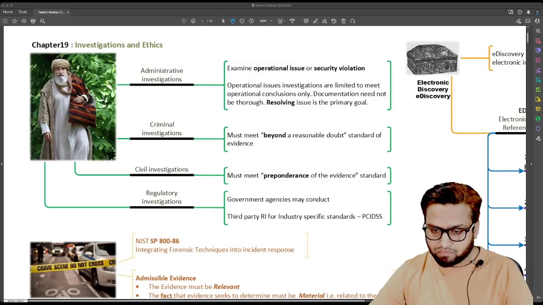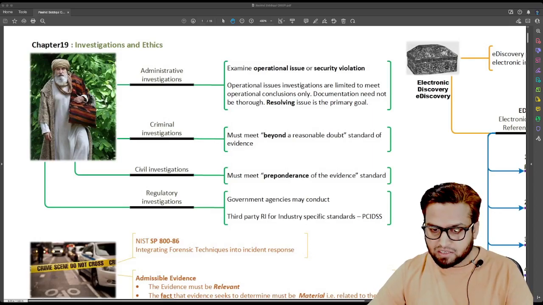This sentence you should have in your mind: the quality of the evidence for a criminal investigation must meet the beyond a reasonable doubt standard. If the case is presented and all the evidence is presented, that evidence should meet this criterion.